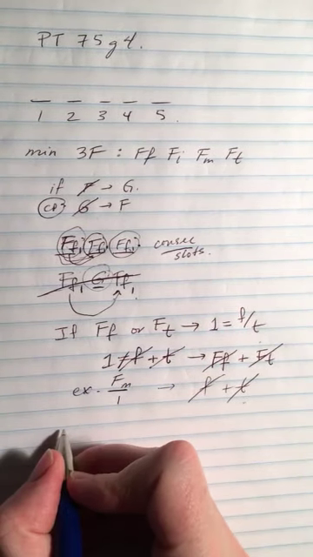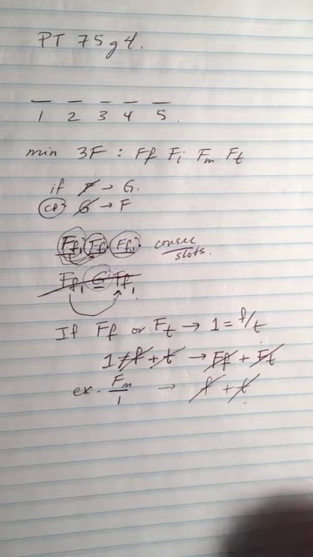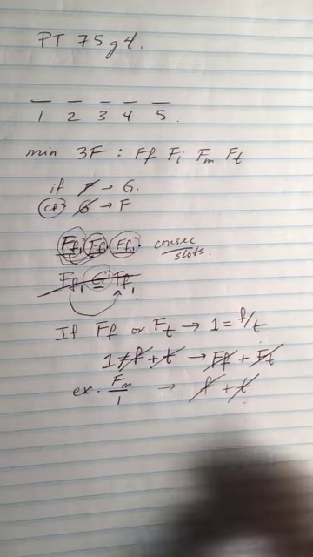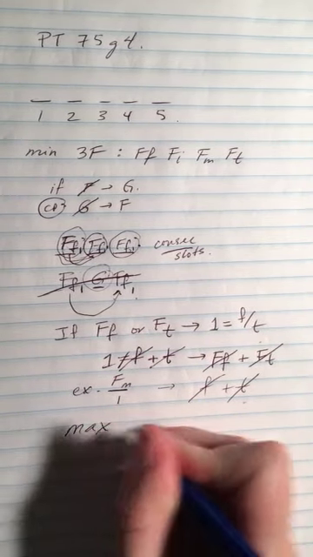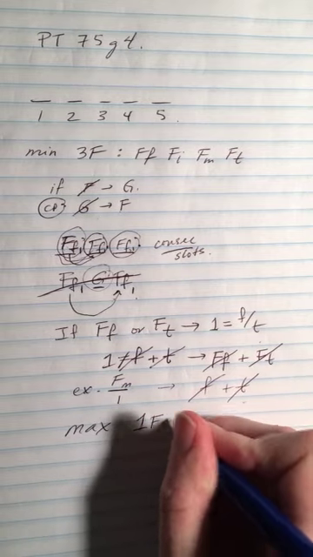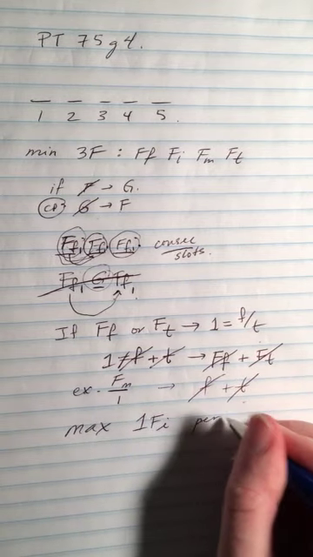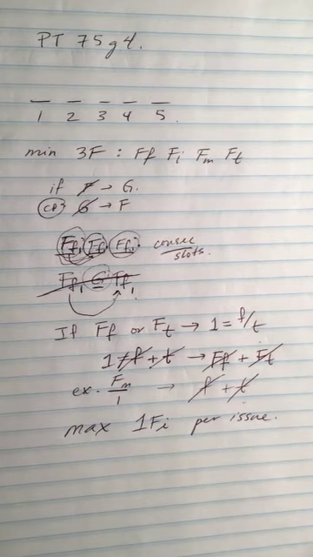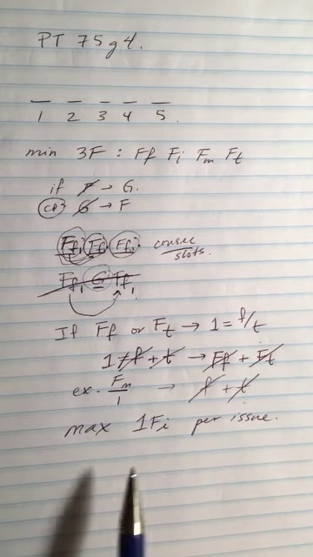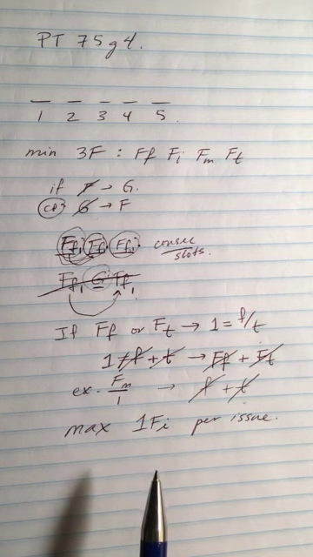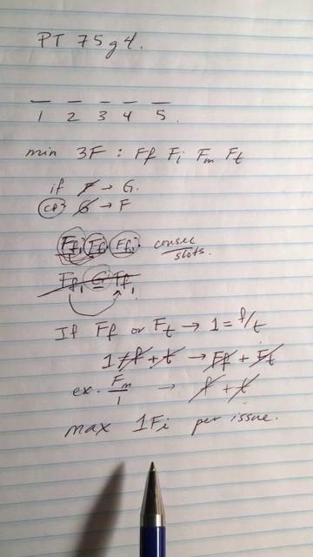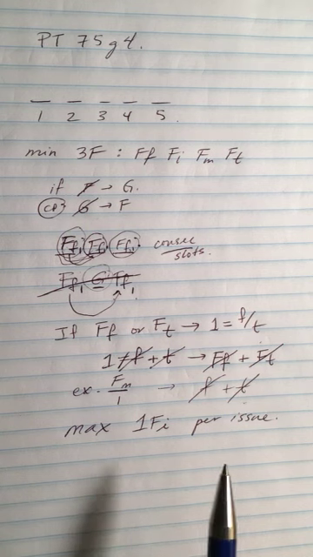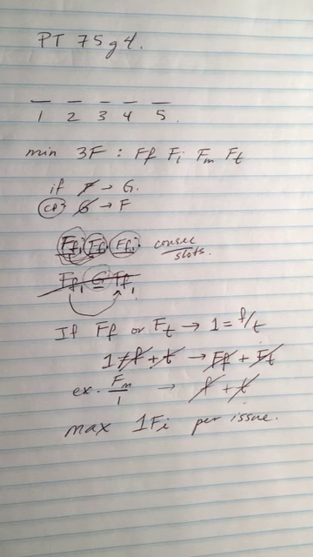All right, the last rule: an issue can have at most one industry feature, so a maximum of one industry feature per issue. Note that an individual feature could be occupying more than one slot. So it doesn't say that we have a maximum of one slot occupied by an industry feature.